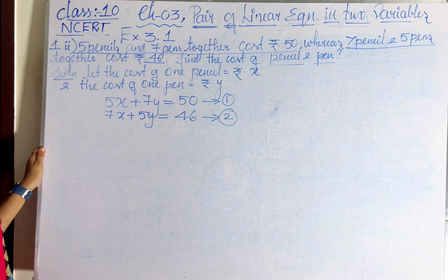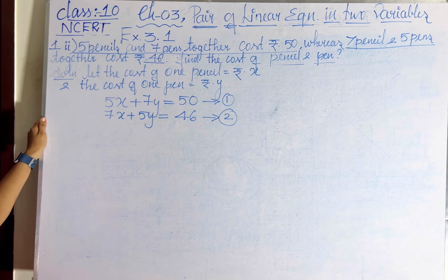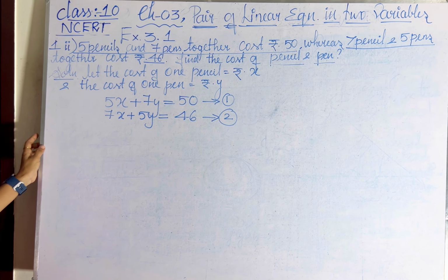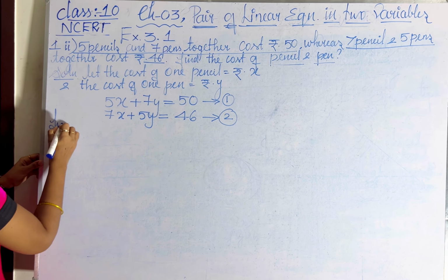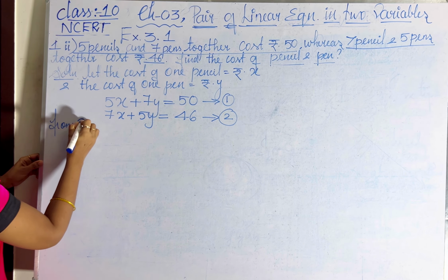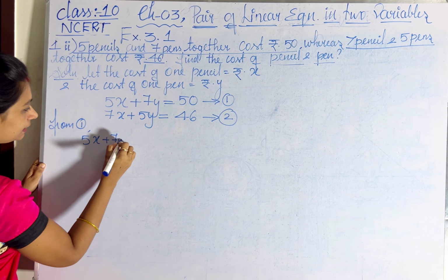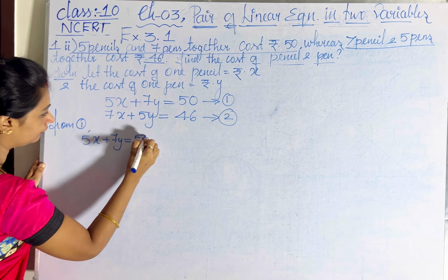So from the statement we have equations 1 and 2: 5x plus 7y equal to 50, and the second equation 7x plus 5y equal to 46. We need to solve these equations by using the graphical method. I'll take equation 1, 5x plus 7y equal to 50.